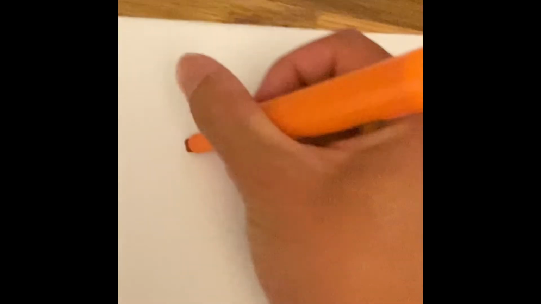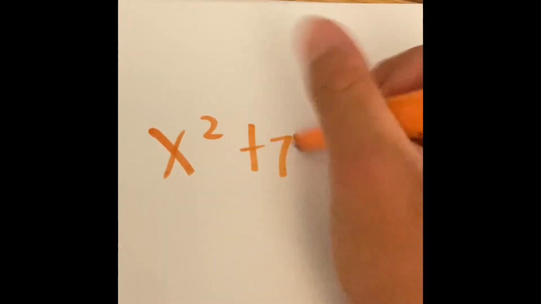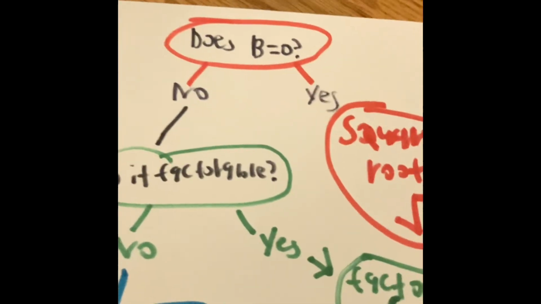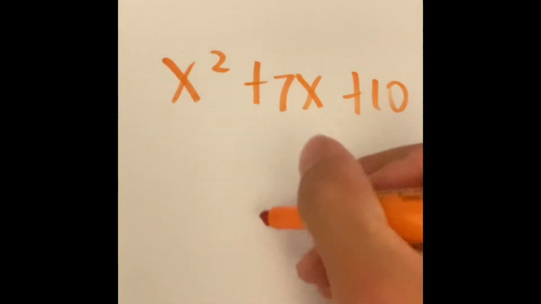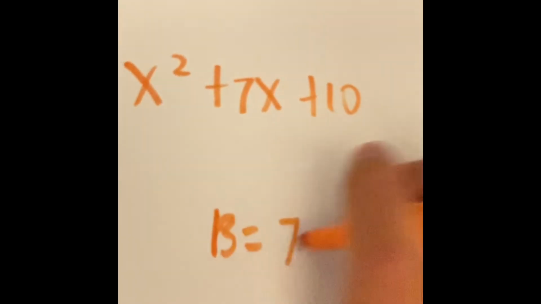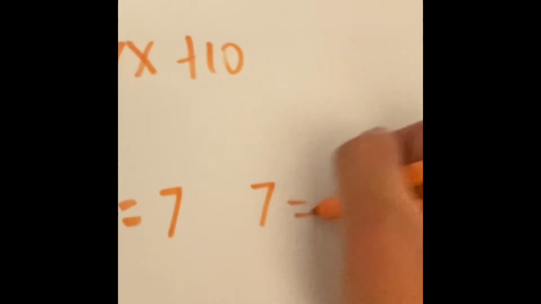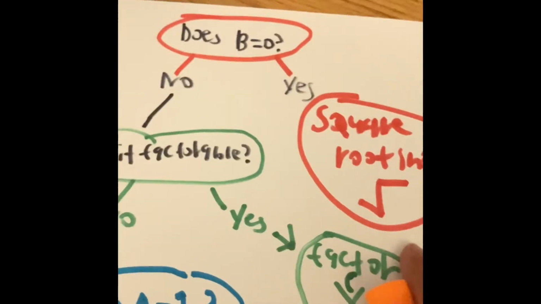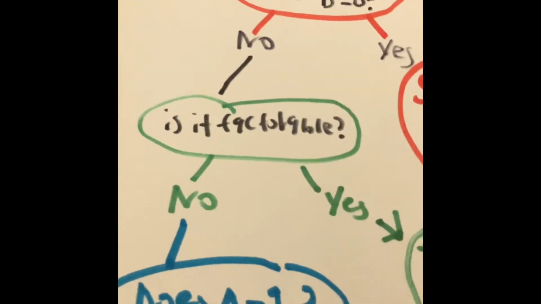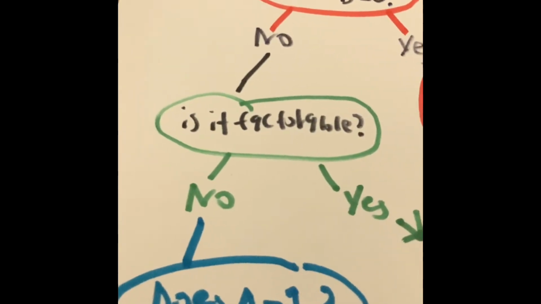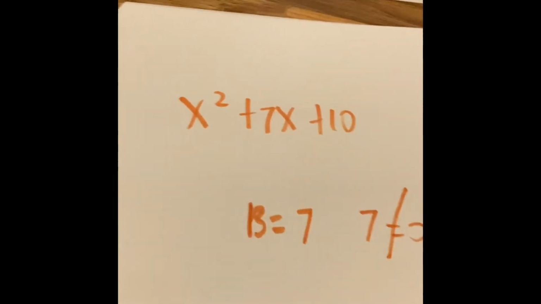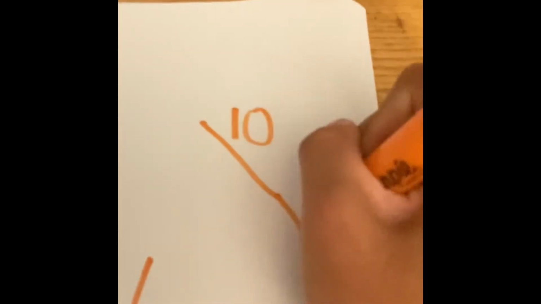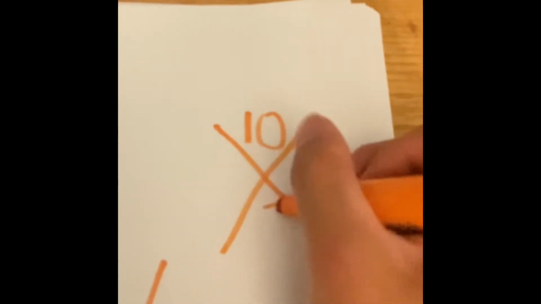What happens if we have x squared plus 7x plus 10? Let's get started. Does b equal 0? In this case, b is actually equal to 7, not 0. So does 7 equal 0? No. So square rooting is not an option. Next question: is it factorable? Wait a minute. If we use the diamond problem on this, what two numbers multiply to 10 and add up to 7?